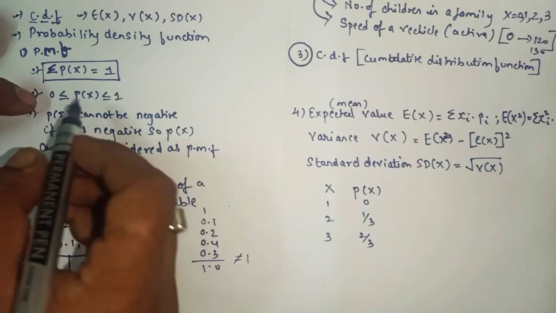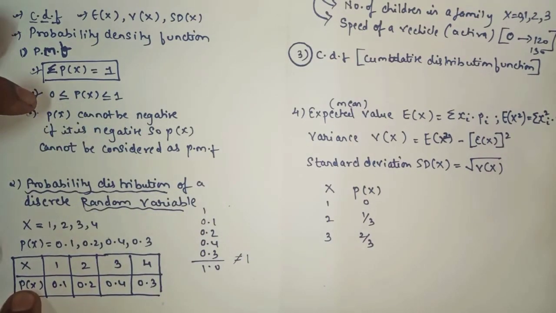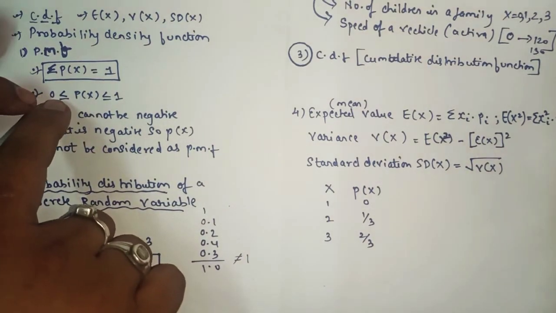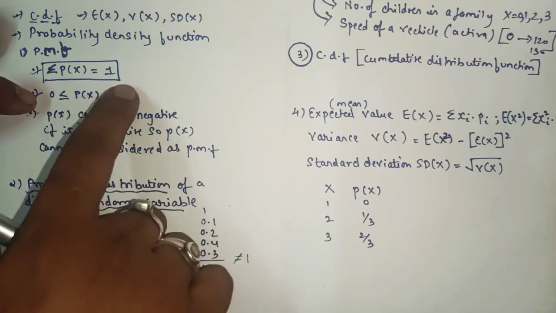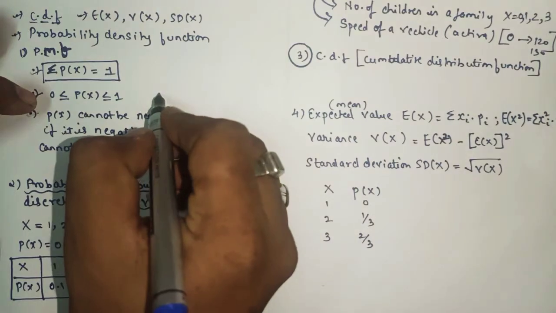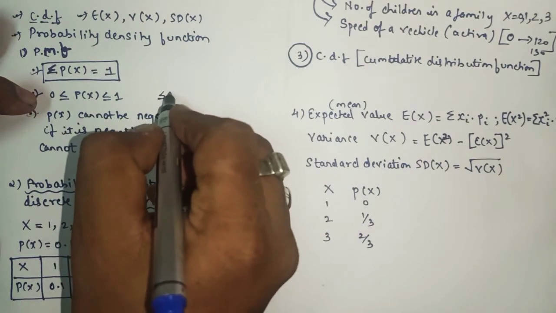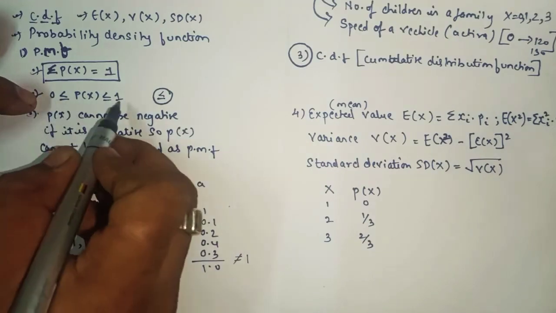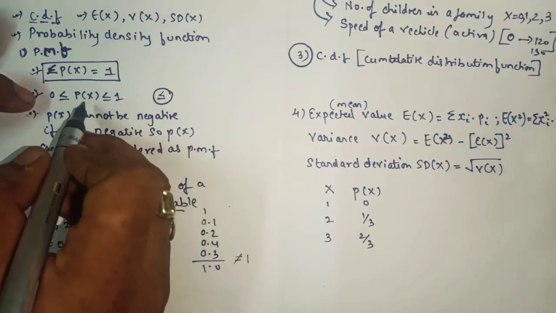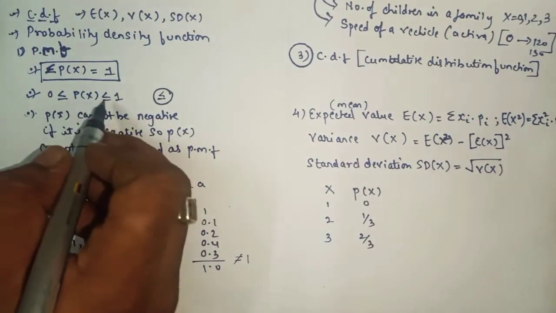Okay. Second point, the value of P of x should lie between 0 and 1. It means 0 less than or equal to P of x, less than or equal to 1. Less than or equal to 1 means what? It indicates that we have to consider 0 and 1 also. That means the value will lie between these two.